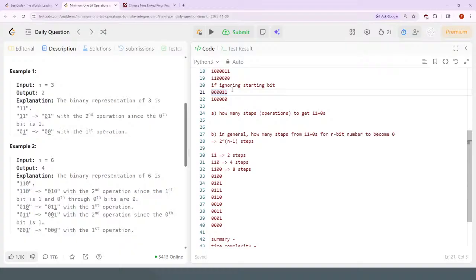Maybe I need a formula for how long it is from 1 0 to get to 0. From any one bit followed by a bunch of zeros to get to 0. That looks to be 2 to the power of n minus 1 or something like that. 2 to the power of n and then subtract 1.